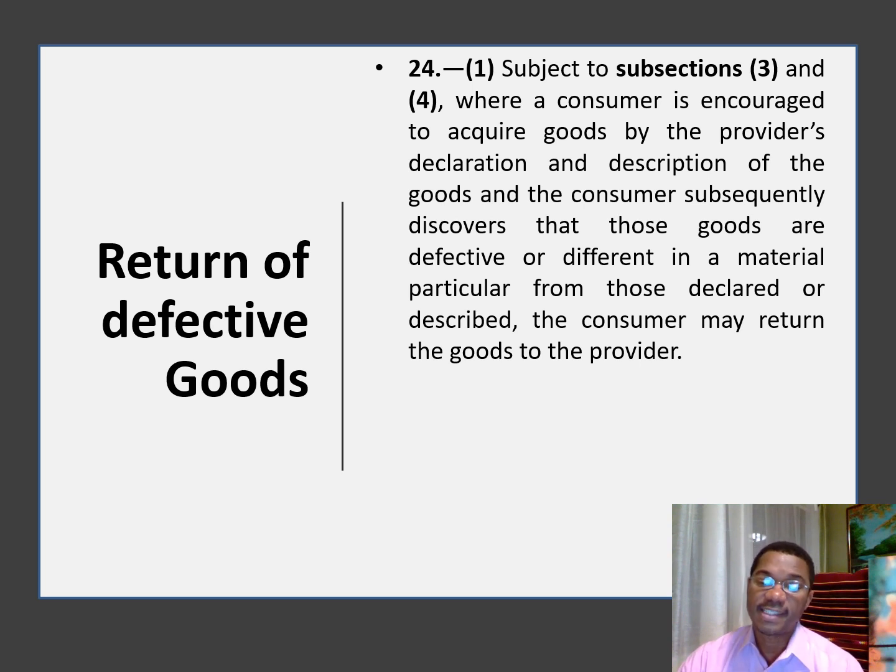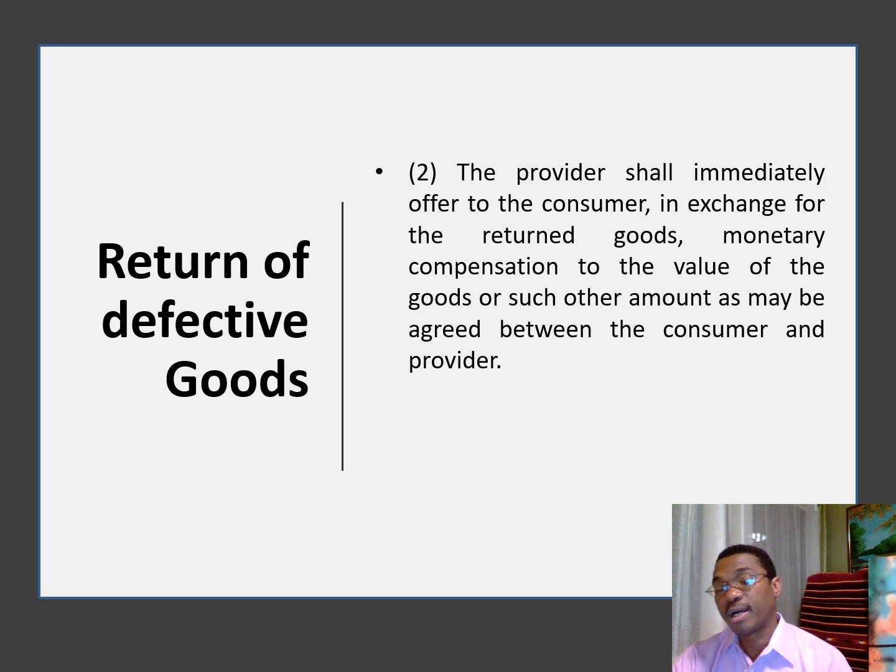If the good does not conform to the description given by the provider, then the consumer can return, or may, because this is discretionary, return the goods to the provider, right? So the provider has a responsibility to ensure that what they are representing is indeed factual. The description must match.